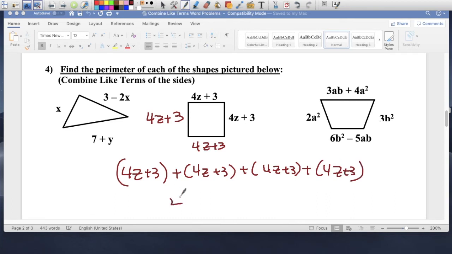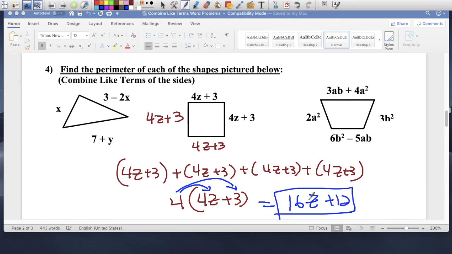Or you can just do 4 times (4z plus 3). I think this is easier, right? So using the distributive property, 4 times 4 is 16z, and then 4 times 3 is plus 12. So your final answer is this. Much easier than adding this plus this plus this plus this, right?